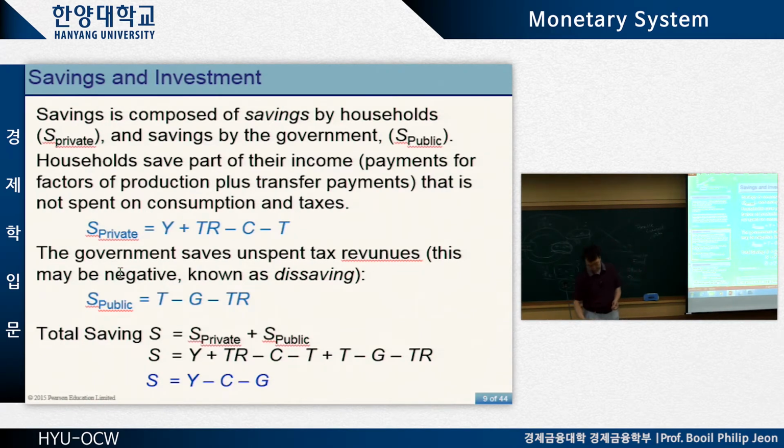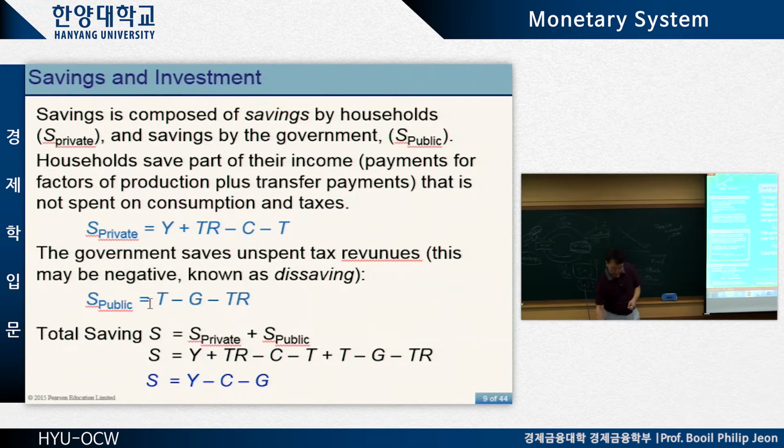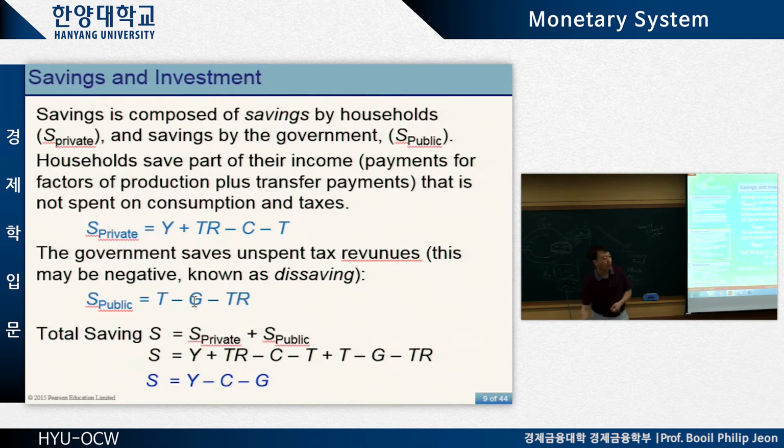So tax is the only source of revenue, and from their income they spend. G is government spending. They purchase goods and services, and then they pay transfer payment. So the difference, T minus G minus TR, that is public saving.